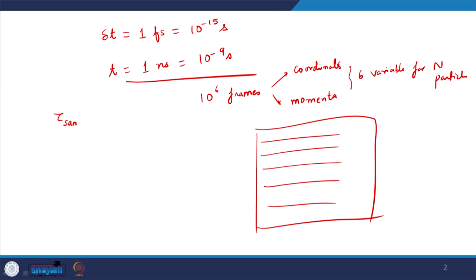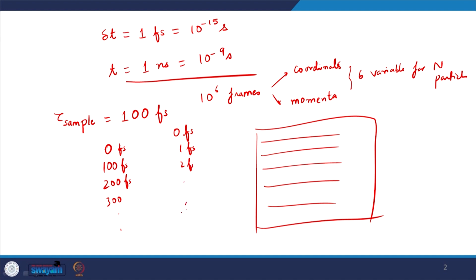So, in that case, in the previous picture, I will put some sampling frequency. Let us say the sampling frequency is 100 femtosecond. So, in this case, I will save data for 0 femtosecond, 100 femtosecond, 200, 300 and so on, unlike in the original case where we were doing 0, 1, 2 and so on.